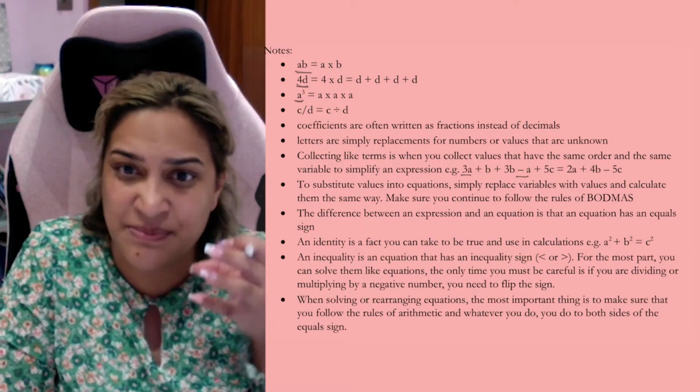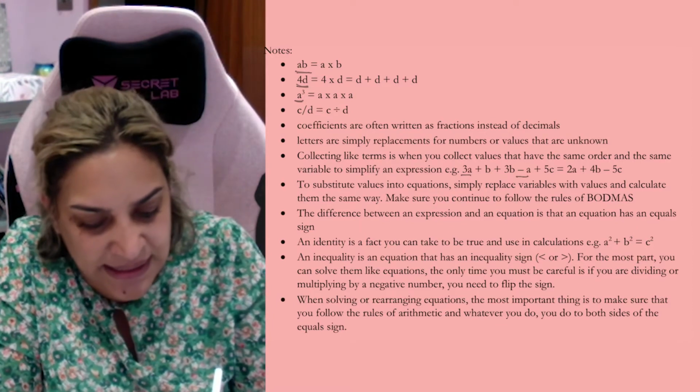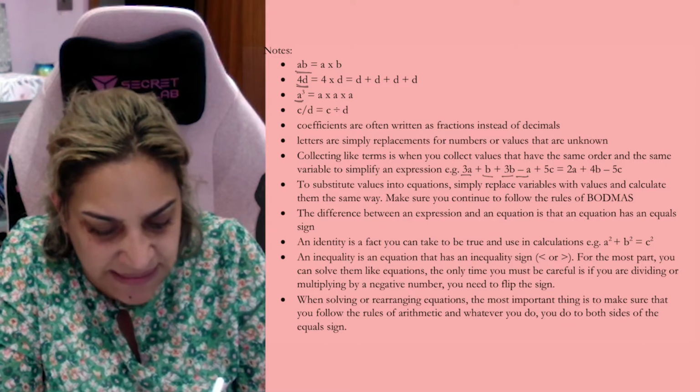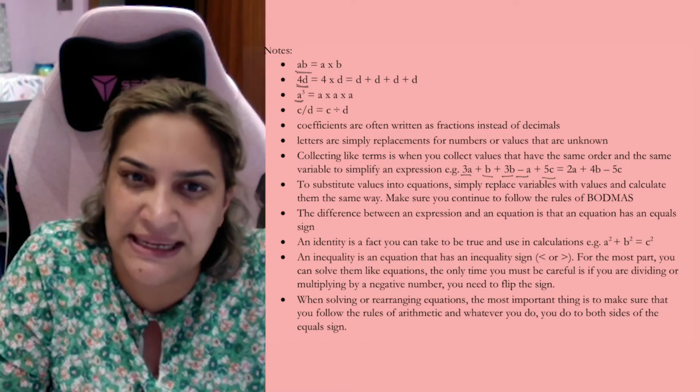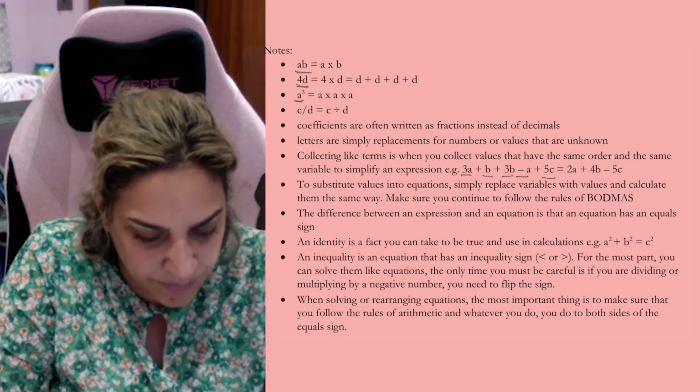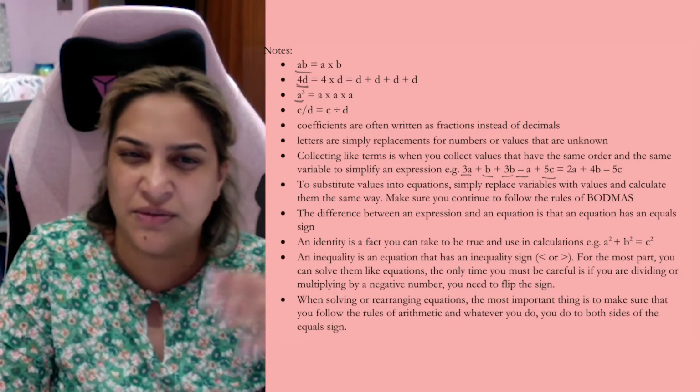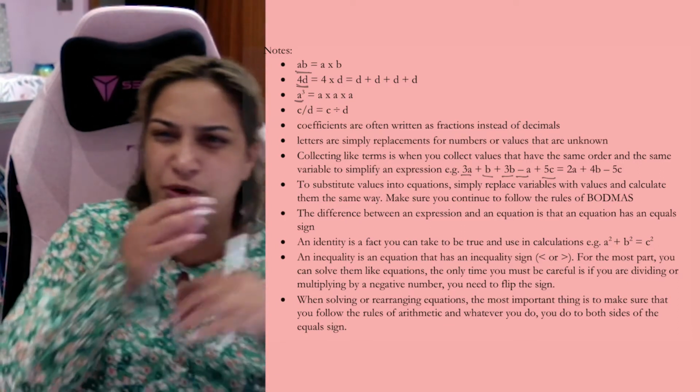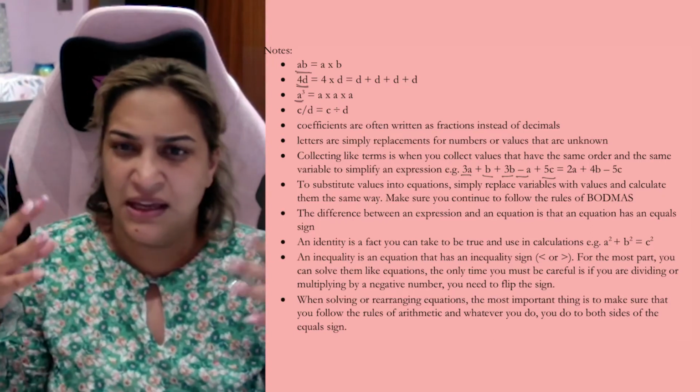The A's stick with the A's, the B's stick with the B's, and then you've got the C's. That's called collecting like terms. In algebra, you put all those things that you've learned before all together. When we do some questions, it'll make a lot more sense.